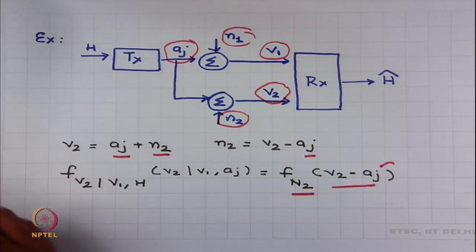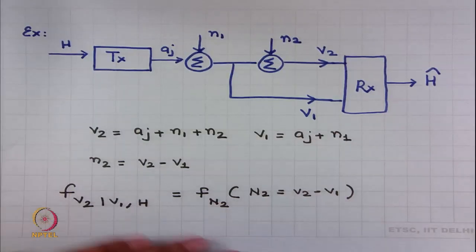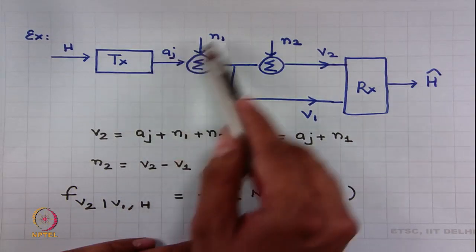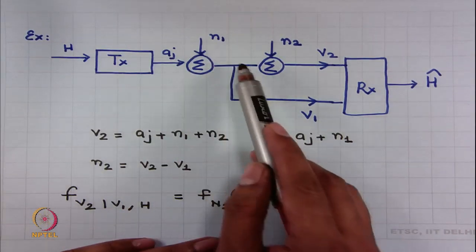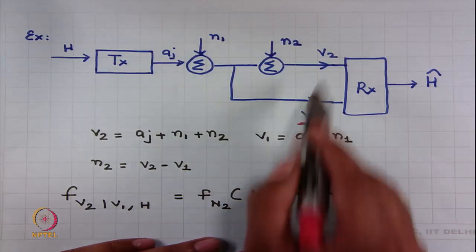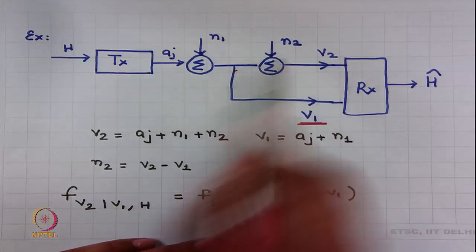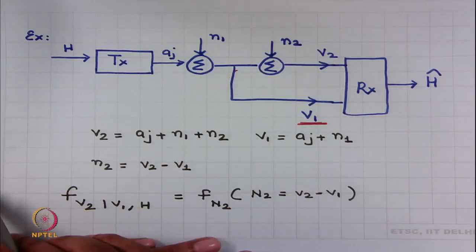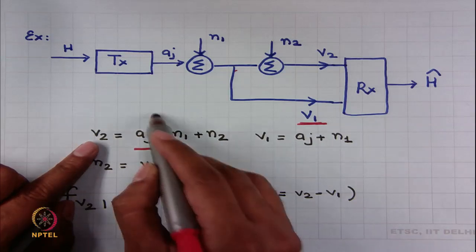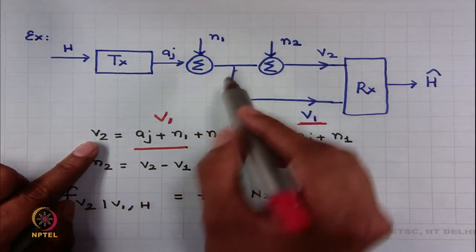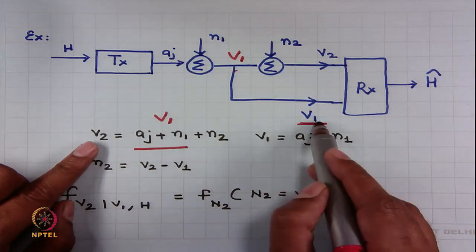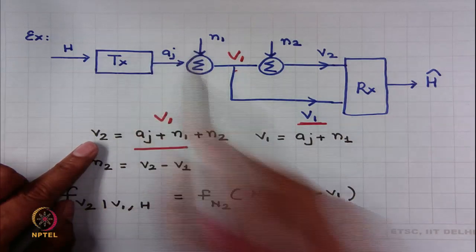So, let us look at another case. So, here I am transmitting Aj, noise sample n1 adds. So, this leads to random variable V1, V2 is V1 plus n2. And what is V1? V1 is Aj plus n1.